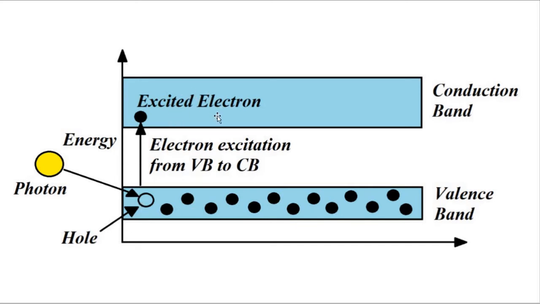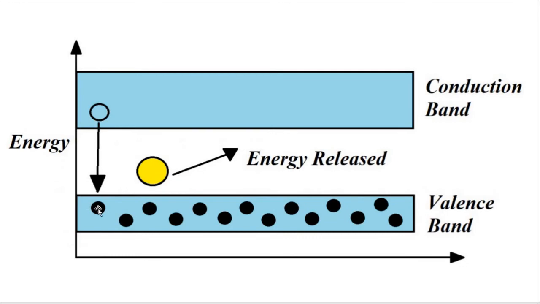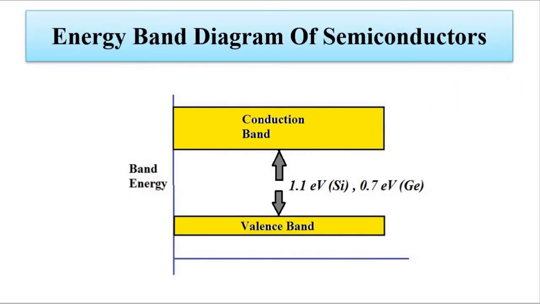After a fixed period of time, the excited electron in the conduction band again drops down to its original position with the release of the photon. So this is the basic principle of operation of optoelectronic source and detector. The main thing here is the energy difference between the valence band and conduction band.